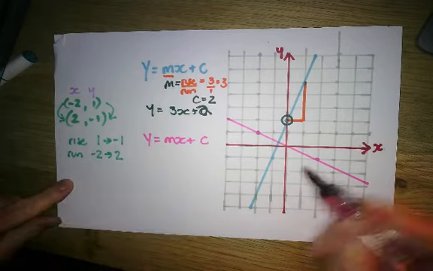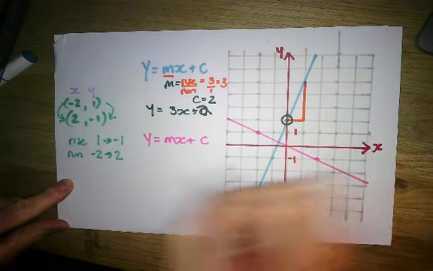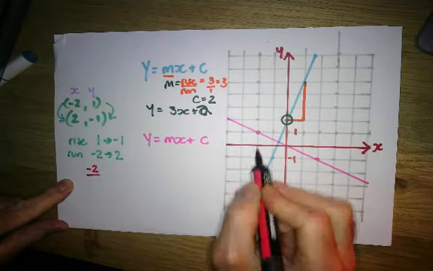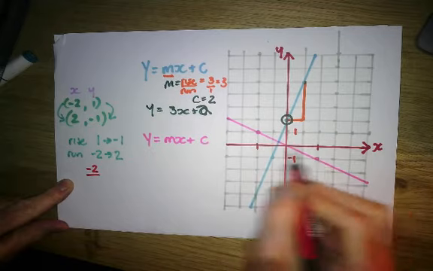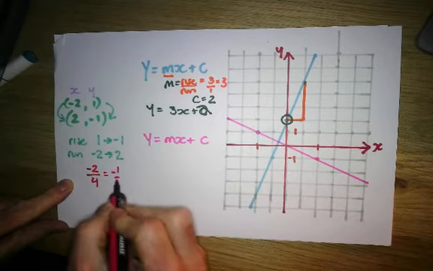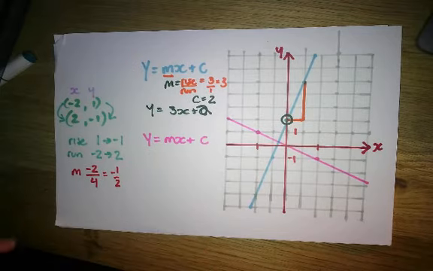To get from 1 to -1, I'm dropping down 2. And then going from -2 to 2, I'm going across 4. So that means it's -1/2. My m value is -1/2.